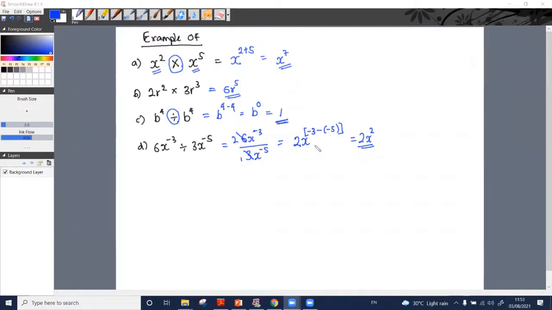Minus and minus will form plus. It means -3 plus 5. The answer should be 2x squared. That is the answer for D.